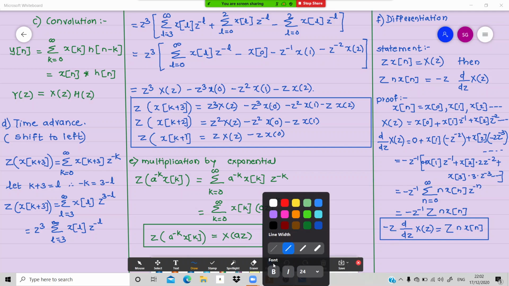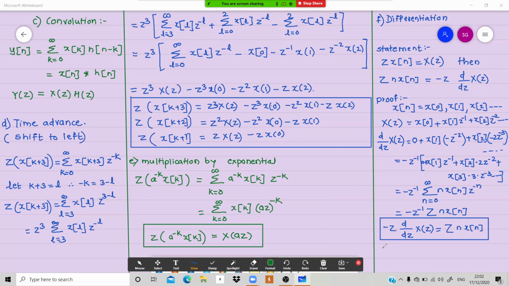And the last one. Just the final value theorem we had, if you can remember, in the S domain. What did we used to write? Final value theorem: limit t tending to infinity f of t is equal to limit s tending to 0 of s F(s). If you can remember, we have done this.